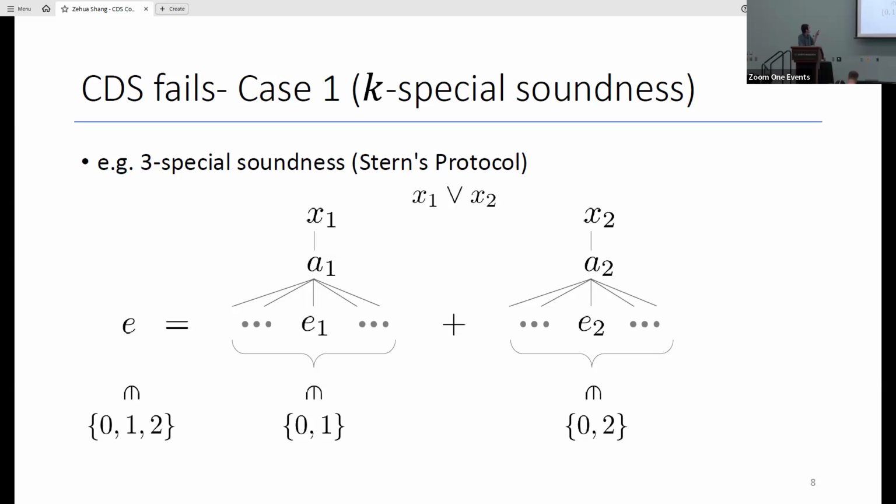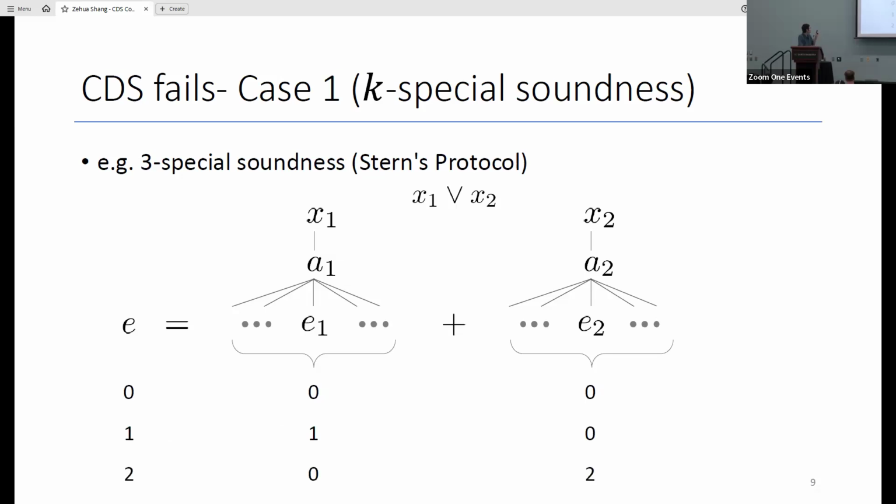So here is an example of a 3-special soundness protocol with a challenge space of 0, 1, and 2. And the cheating prover is able to ask up to 2 challenges. And it turns out that for our proof, the prover is able to adaptively answer the challenges by restricting each transcript's challenges to only a part of the challenge space.